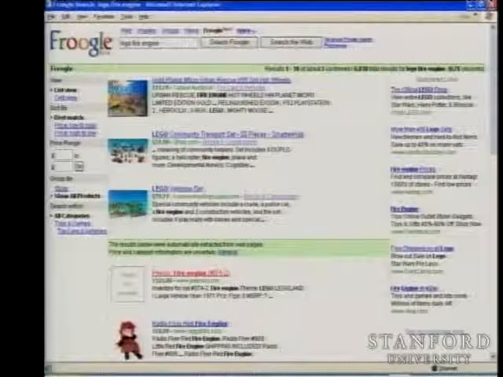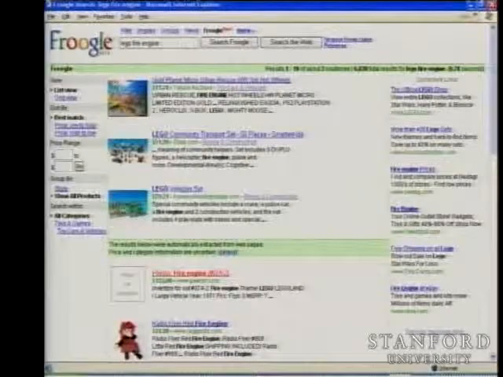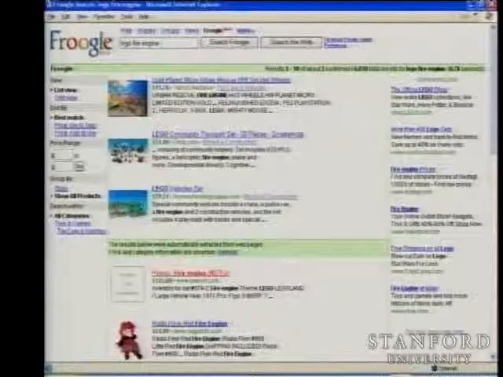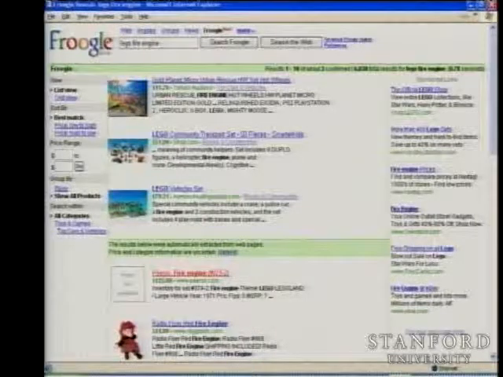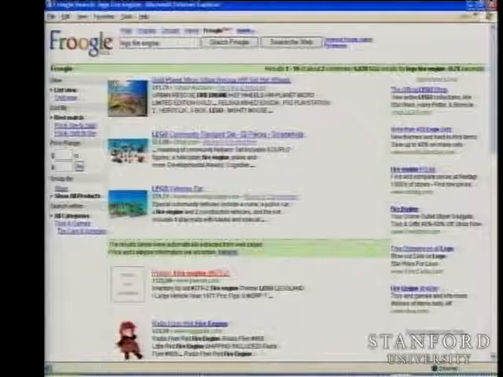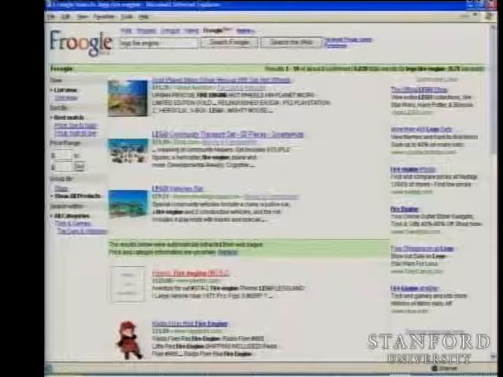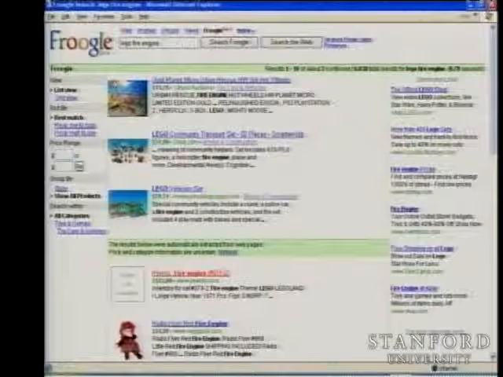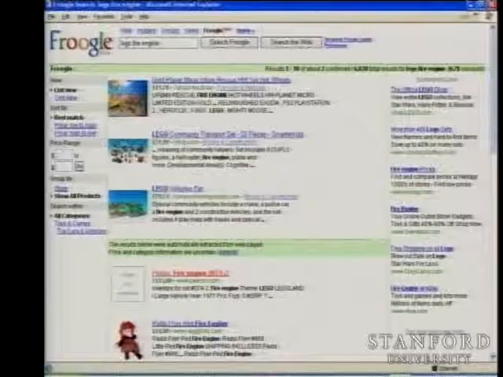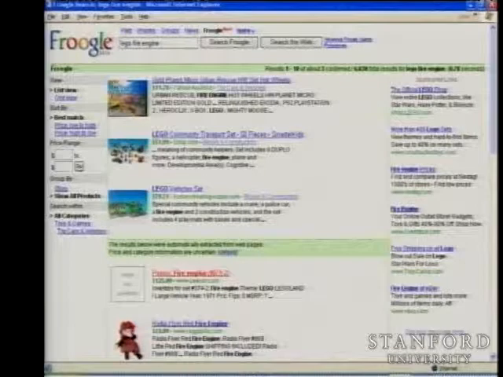Here is a very old screenshot of Froogle, and I will use this to illustrate that information extraction isn't easy, but also to pose a question as to what the future is. So you can still go to Froogle. It doesn't look quite like this anymore. And you can type in your product name.